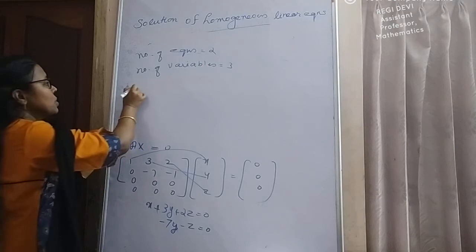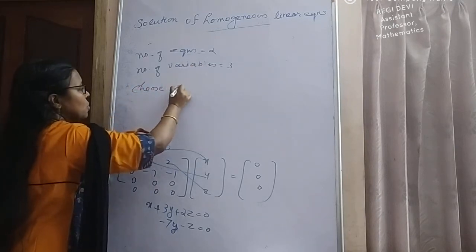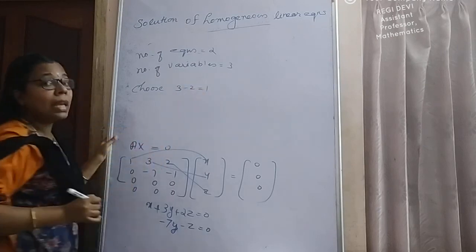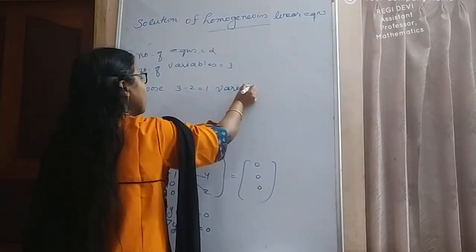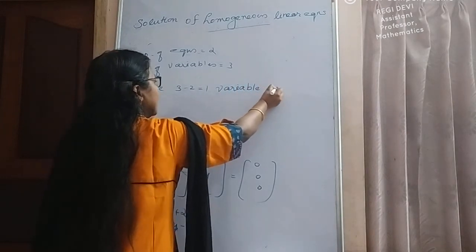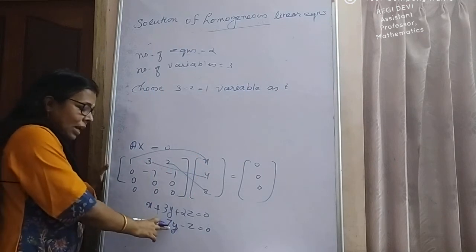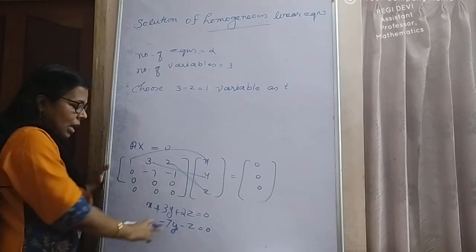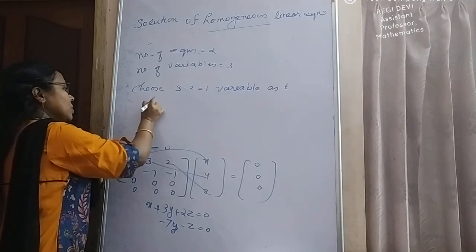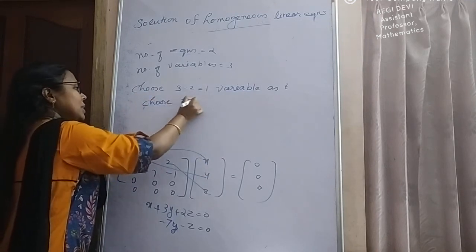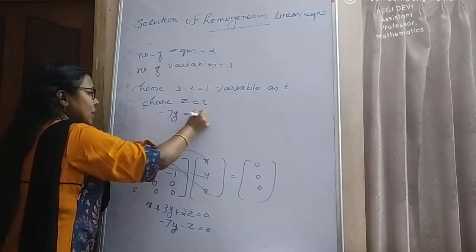Therefore we have to choose 3 minus 2, that is 1 variable, as t. Here we have to choose either y equal to t or z equal to t. I am choosing z equal to t.